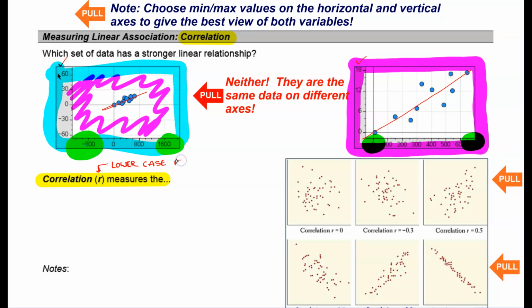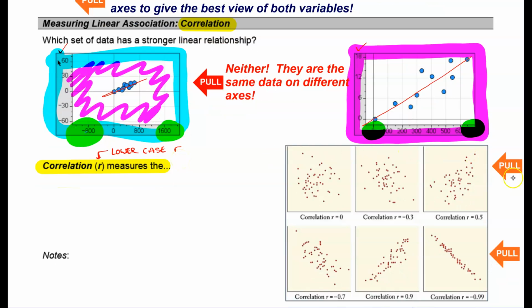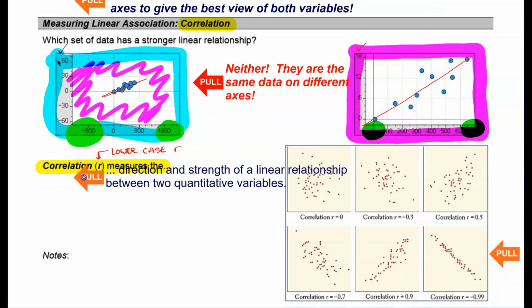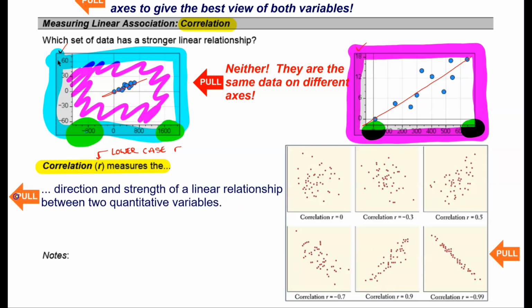I'm only writing that in so that you recognize that's not just some kind of typo. For the rest of the year, r represents correlation. And the correlation measures the direction and strength of a linear relationship between two quantitative variables.